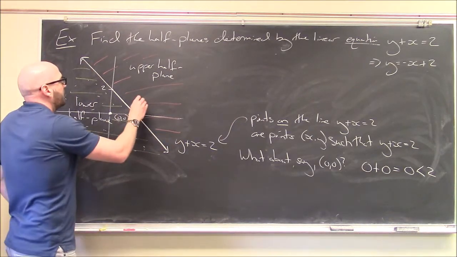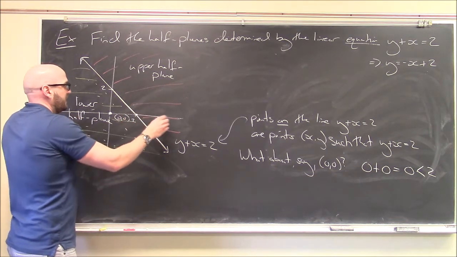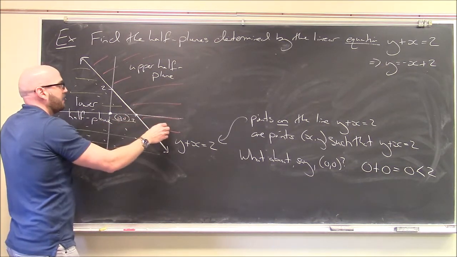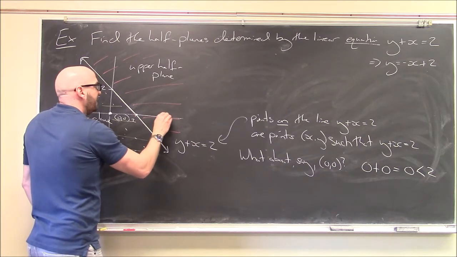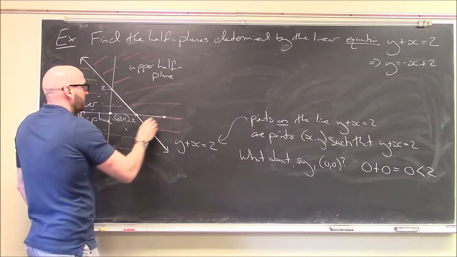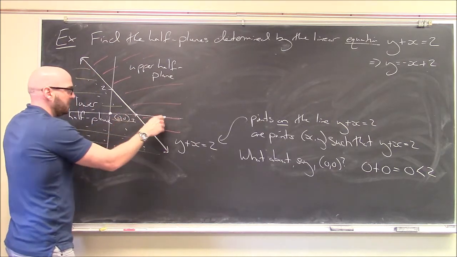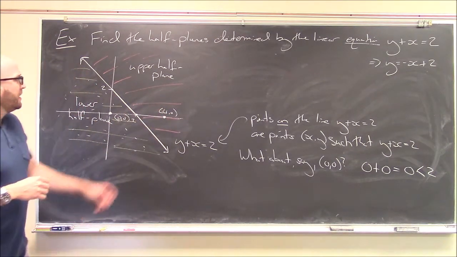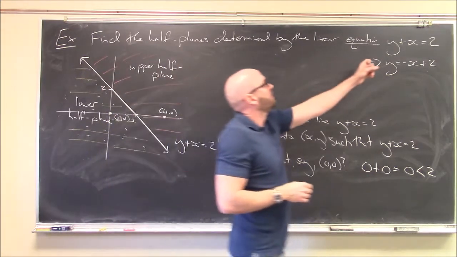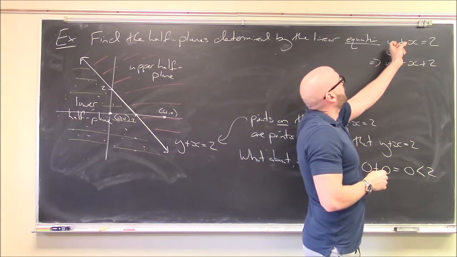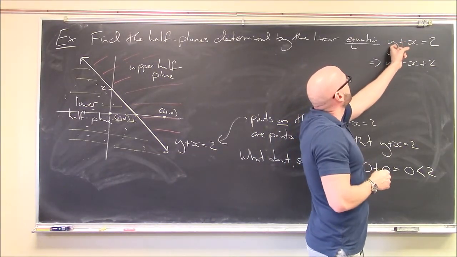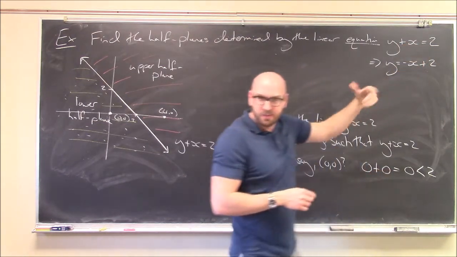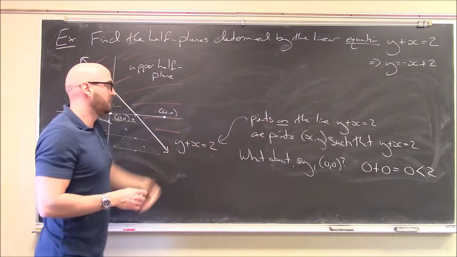Alright, and on the other hand, take anything from the upper half plane. How about I choose this point right here? What coordinates does this have? If this is 0, this is 2, looks like by scaling, that's the point 4, 0. Plug that point into this equation. What do I have? I have 0 plus 4 is 4. That's bigger than 2, right?